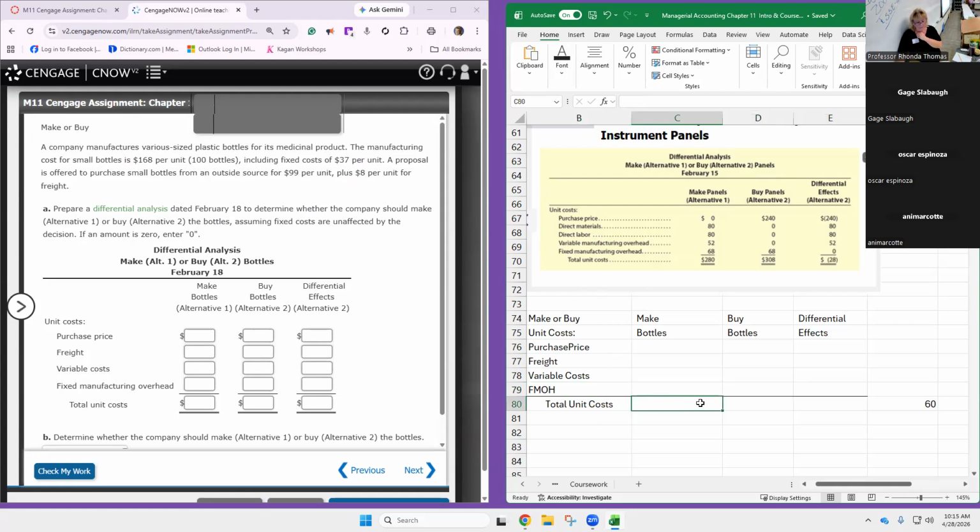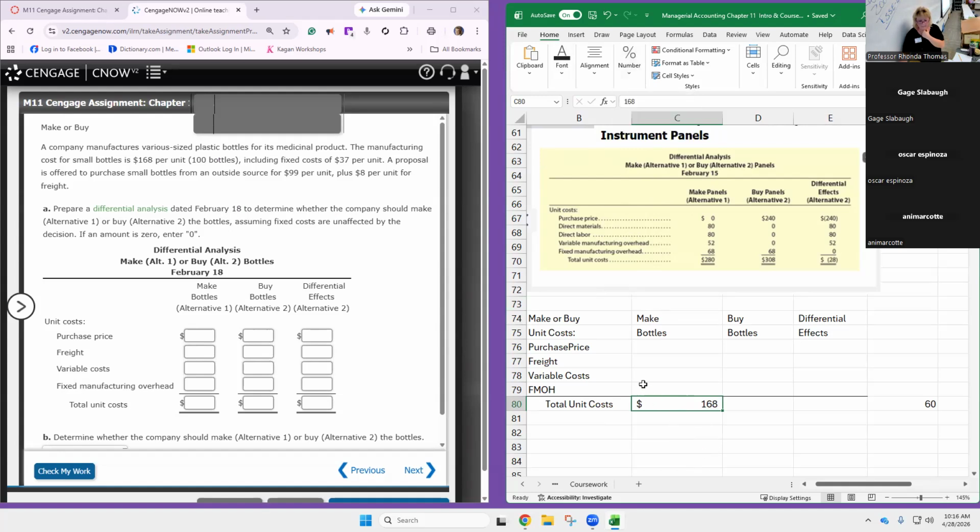Okay, so down here under make bottles, weren't we just given how much it takes to make 100 bottles? Yep. So down here at the bottom, we're going to put $168. That's how much it takes to make 100 bottles. And we're doing it by the case. All right, so let's go ahead and put this in.